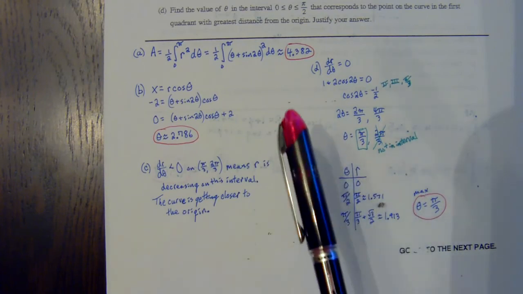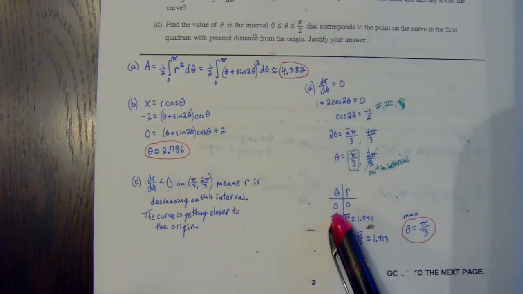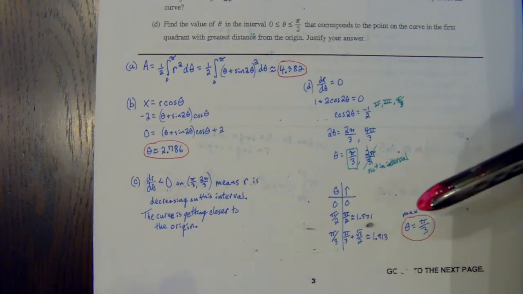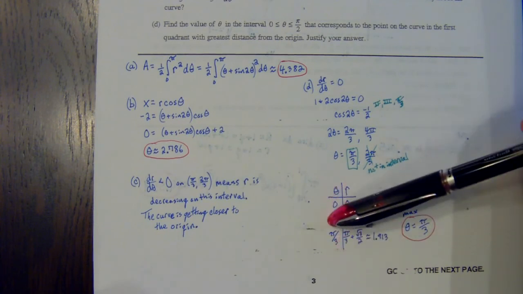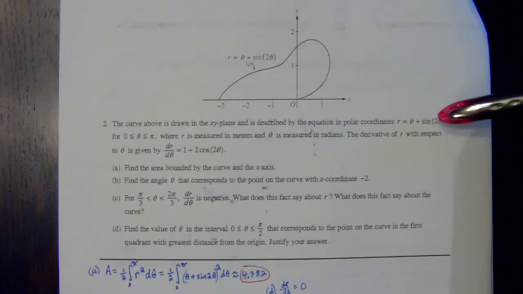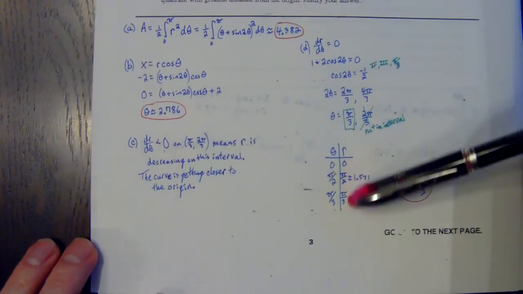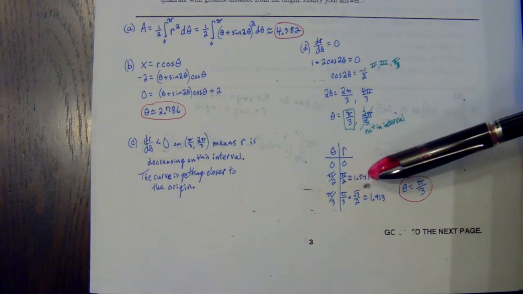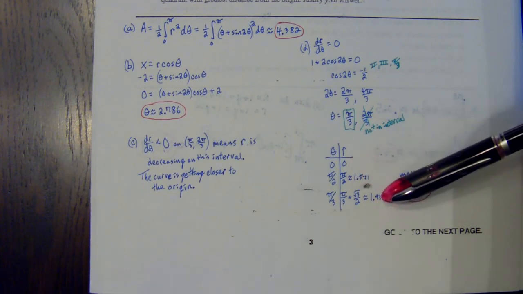And I'm going to throw in the endpoints of that interval, the 0 and the pi over 2, and also the critical number. And I guess this is on the calculator part of the test, so you could just take those thetas right there, plug them into your original function for r, and then I kind of did the exact values first because I was kind of practicing that without the calculator, but you could plug it into the calculator and just see which one is your highest one.